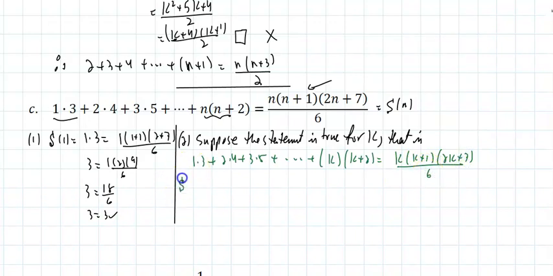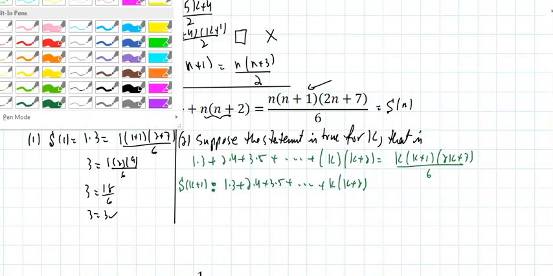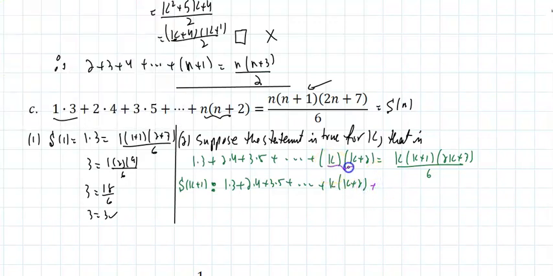Then S of k plus 1 would be 1 times 3 plus 2 times 4 plus 3 times 5, the first k terms, and the next term. The next term is simply a sub k with k replaced by k plus 1, and on the right side, replace each of those k by k plus 1.